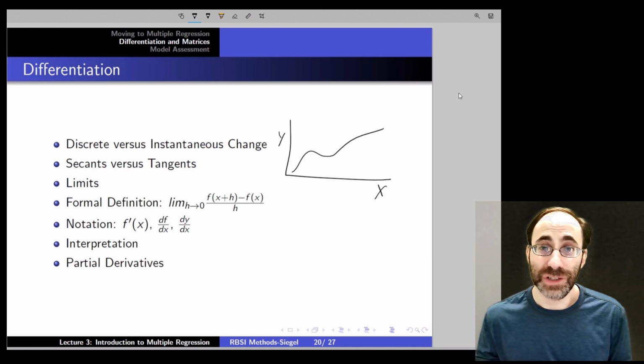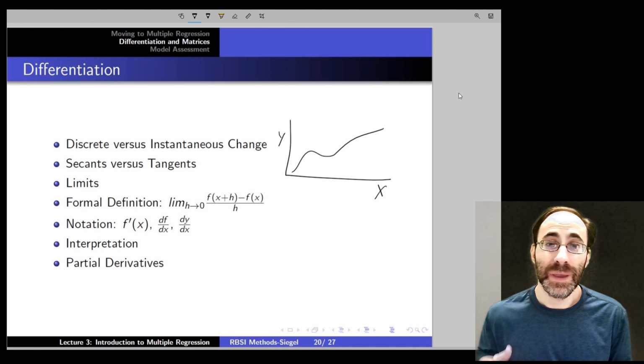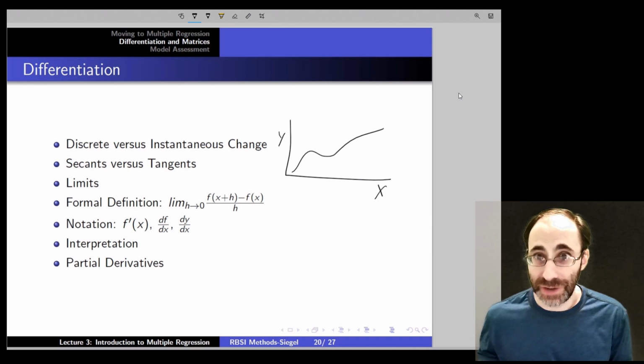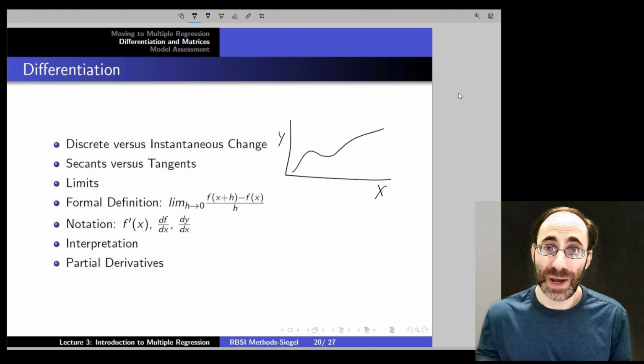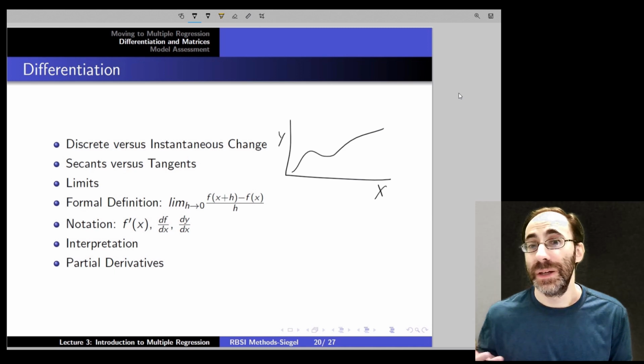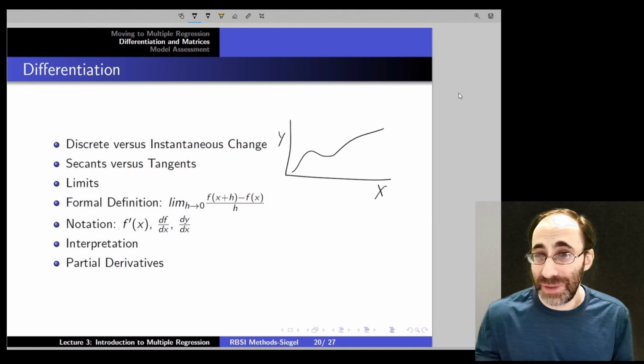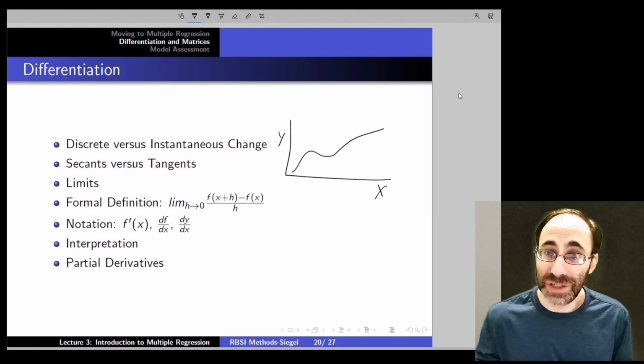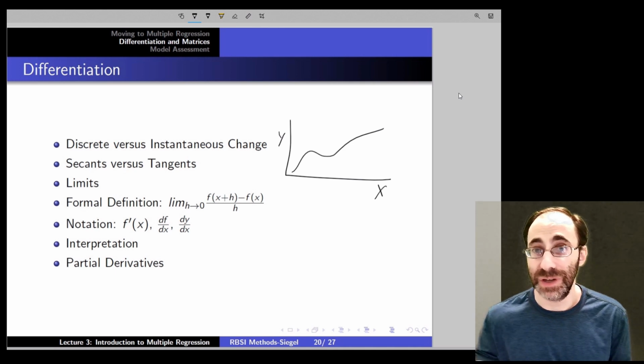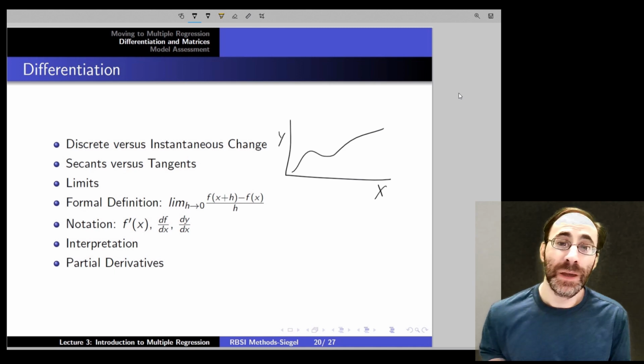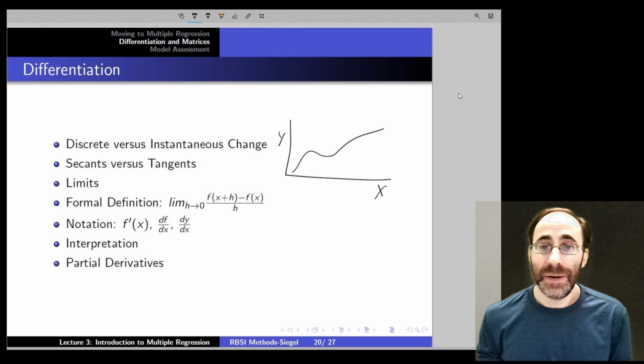There we've been dealing with linear functions. This is not linear. But in general, we care about the rate at which y changes with x. So that's the same thing that people care about when looking at differentiation. It's how one variable or one function changes with another variable. So how do we deal with this?